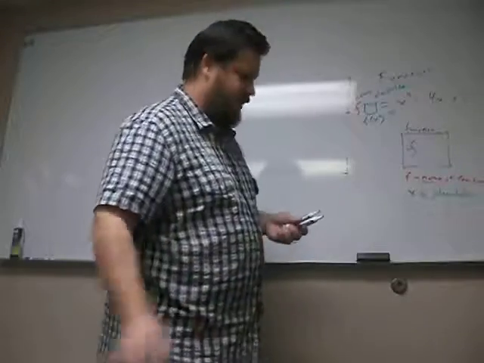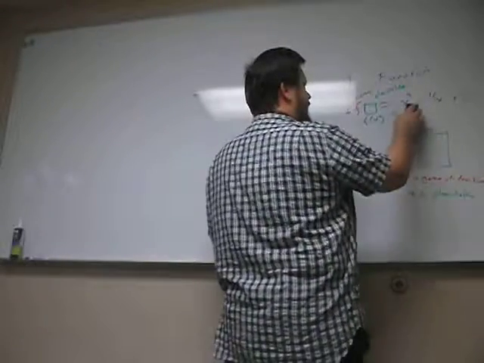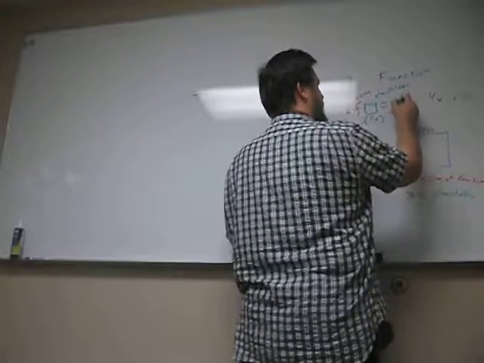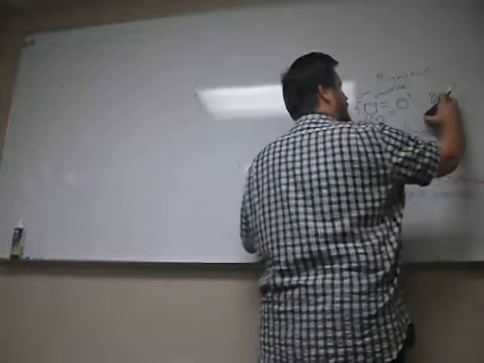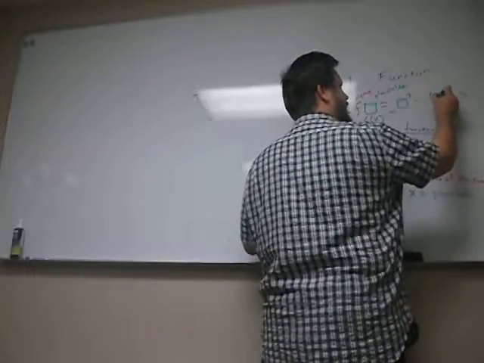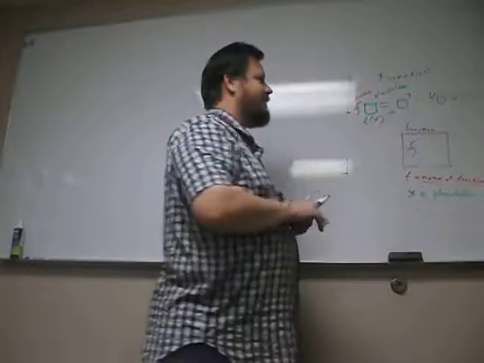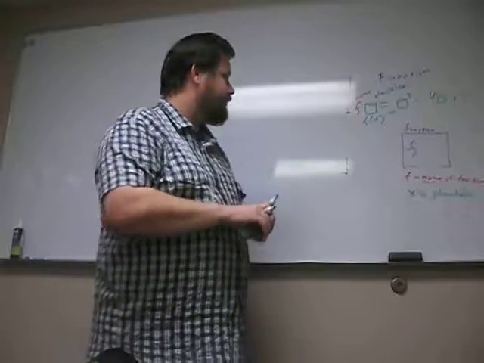What gets plugged in is what goes inside this bucket here. And so I'm going to take whatever's in the bucket and square it. And then I'm going to subtract 4 times that same bucket. And then I'm going to add 7. And whatever comes out after I do all that, that's the output.